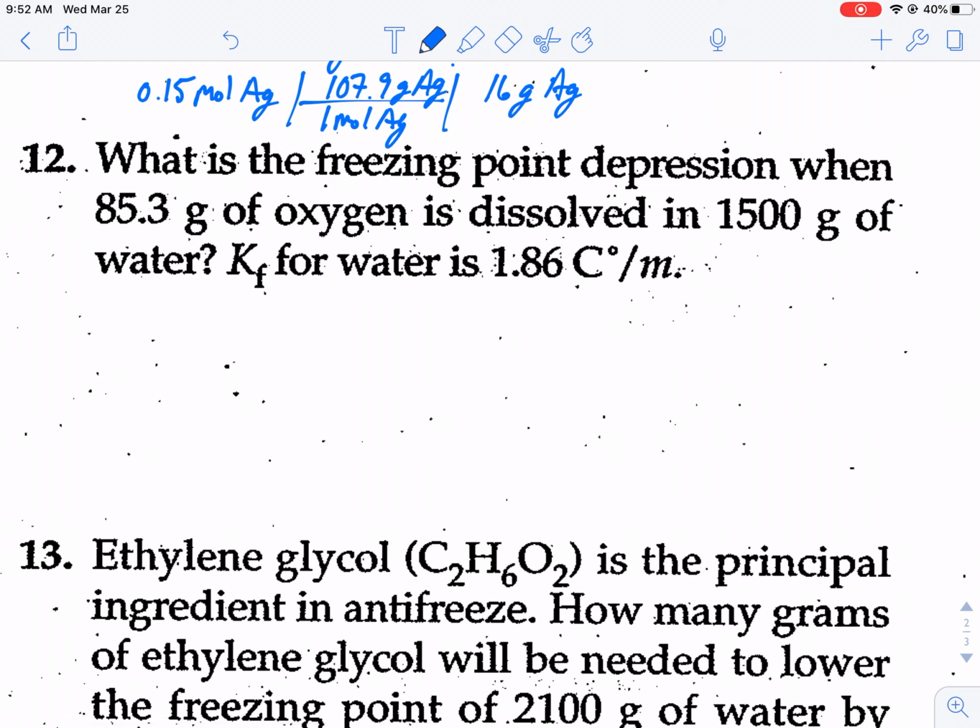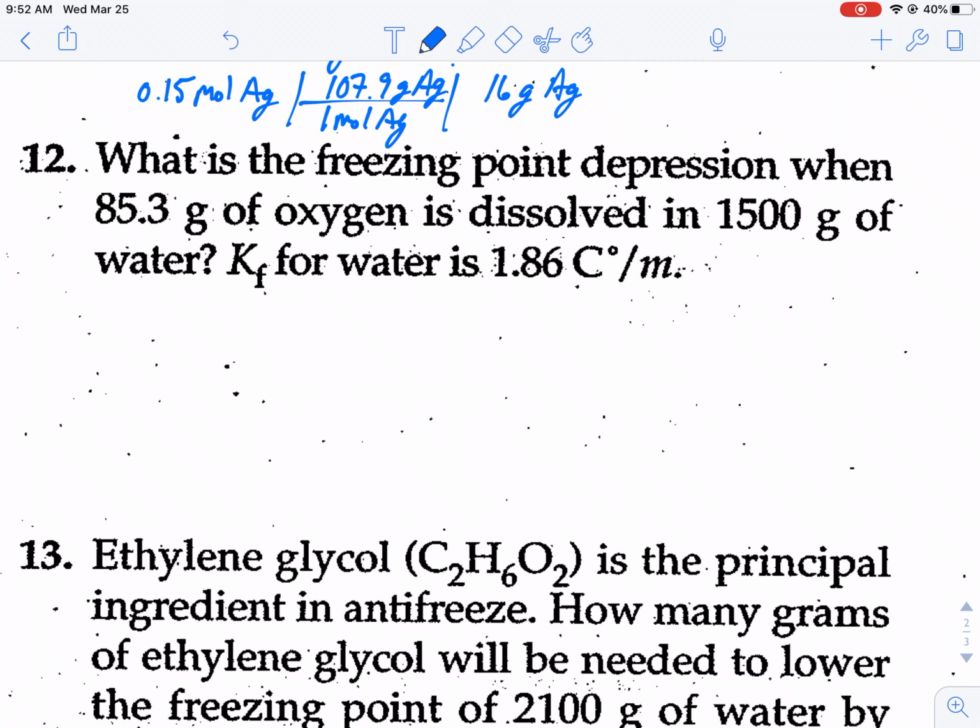What is the freezing point depression when 85.3 grams of oxygen is dissolved in 1,500 grams of water? And again, it gives us the Kf for the water, which is 1.86 degrees Celsius per molality. So what I'm ultimately trying to find is delta TF. I know that delta TF equals my molality times my Kf, but I don't know my molality yet.